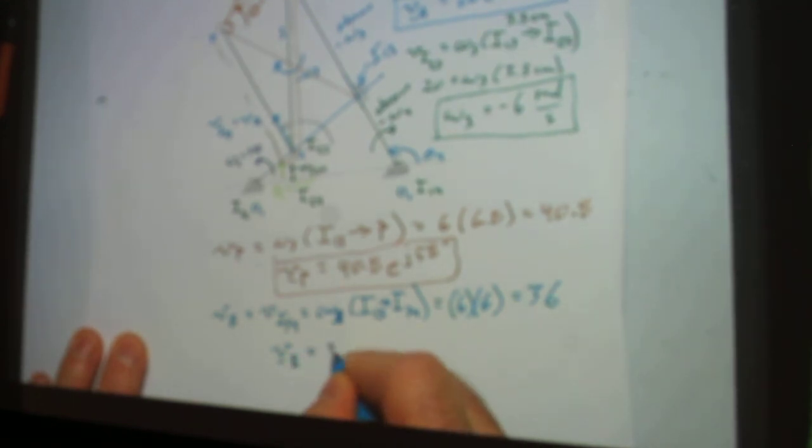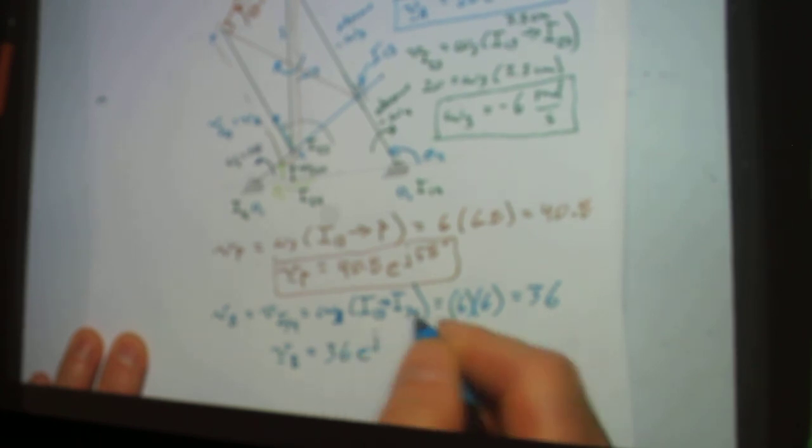Therefore, the velocity of v equals 36 e to the j 27 degrees centimeters per second.